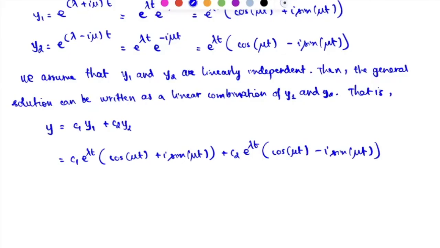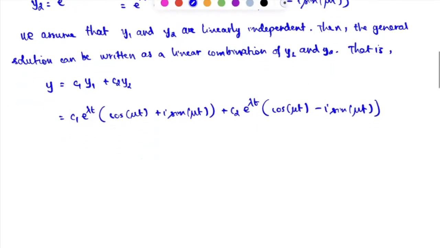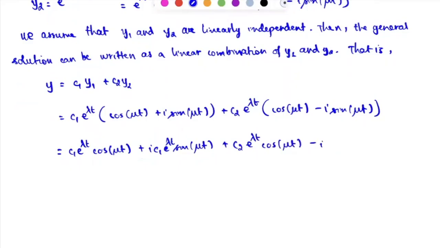So the next step is to distribute and combine like terms. So I have c1 e to the lambda t times cosine of mu t plus i times c1 e to the lambda t times sine of mu t, plus c2 times e to the lambda t times cosine of mu t, minus i times c2 e to the lambda t times sine of mu t.